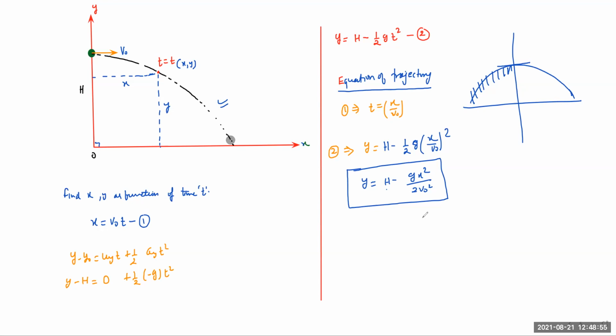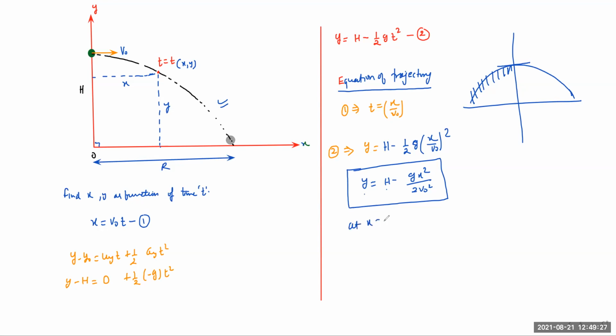So if you put y equals to 0, what you will get? The x corresponding to y equals to 0 is nothing but the range. So exactly after traveling r, the y becomes 0.